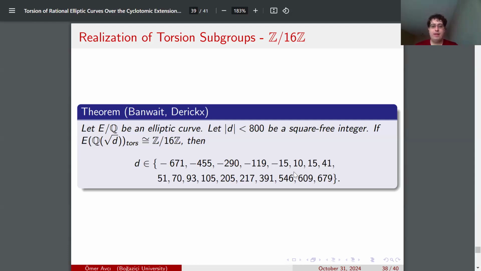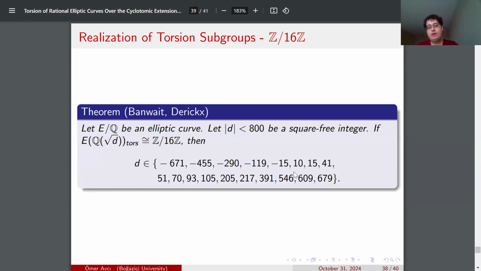So here's a result of Bourdon and Derek using lots of computation. They show if D is bounded by 800, a square free integer, then if modulo 16 is realized over Q adjoined root D, then D can only be those finitely many values.